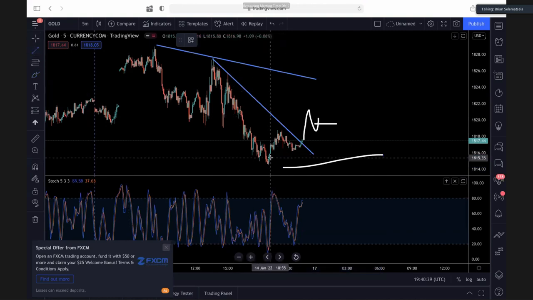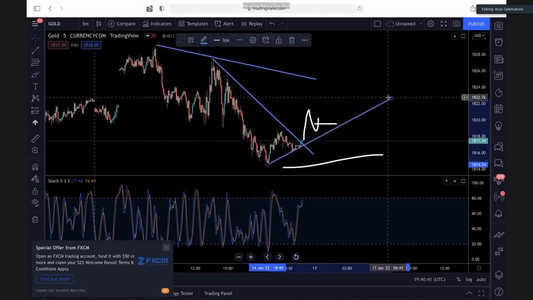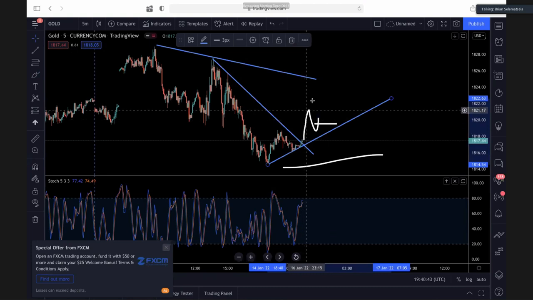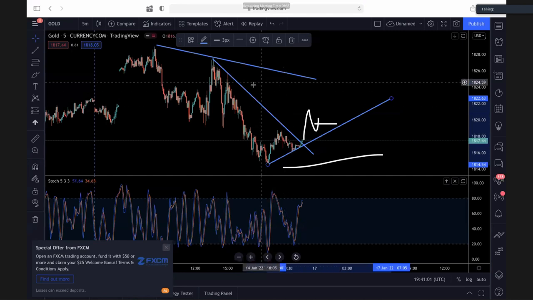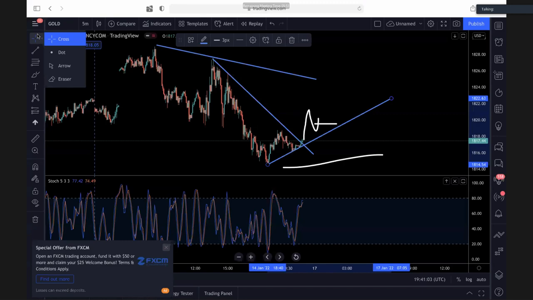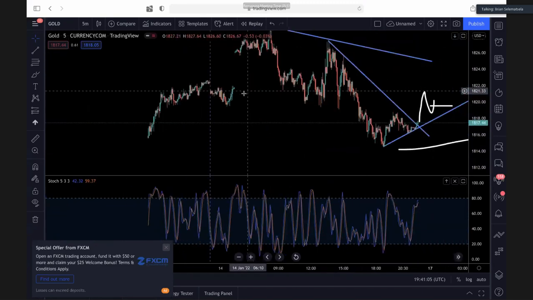But if the market decides to go up and even break the footprint line of that particular setup, then we listen to the market and take that thing to the opposite direction. So that's what will happen on gold.